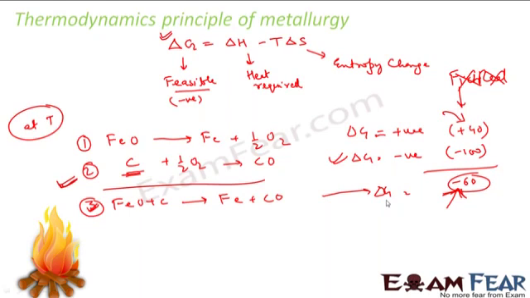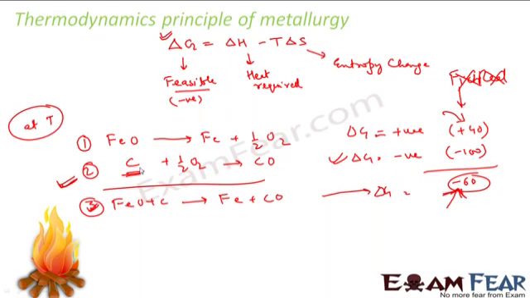So I can say that the role of the reducing agent here is to provide a large negative delta G, large enough such that the sum of the delta G for these two reactions is negative. This is the basic concept of thermodynamics and metallurgy.